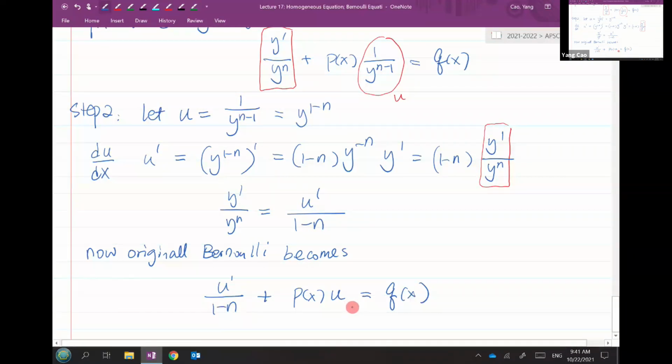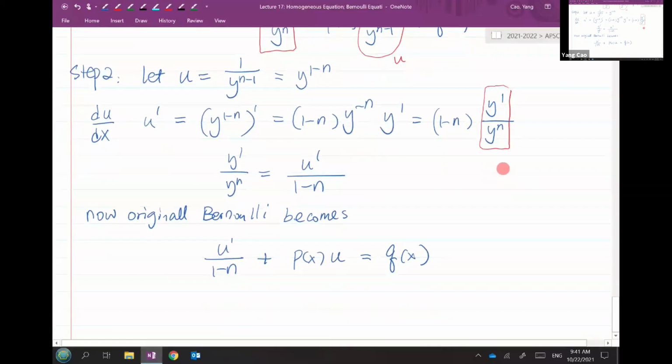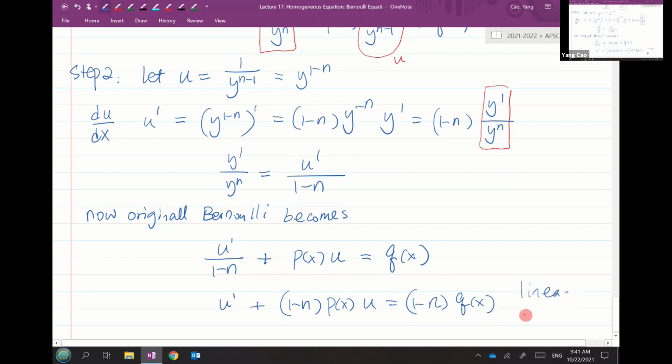And what's even better is, when you look at this new differential equation, it is linear. So I can multiply by 1 minus n to normalize it. Now you've got a linear first order ODE.